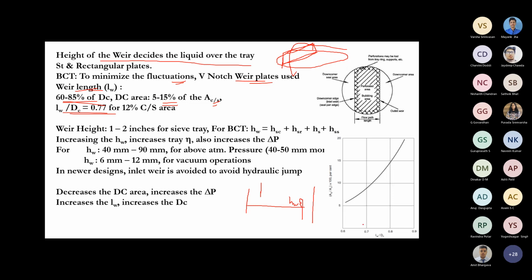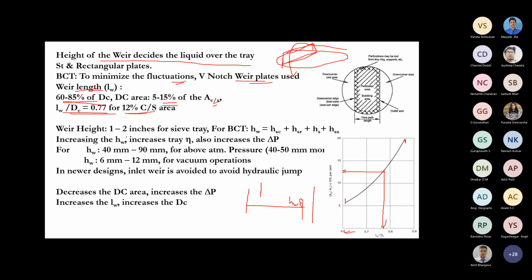Here you can see LW by DC varies from 0.6 to almost 0.85. If you increase the LW by DC, this AD by AC also increases. So for 0.77, at this point, you will get approximately 12% of the cross sectional area.